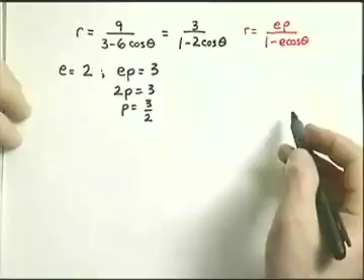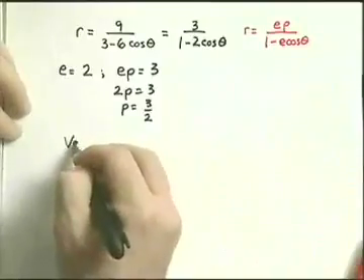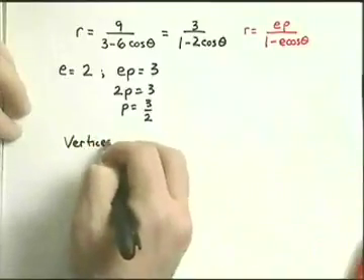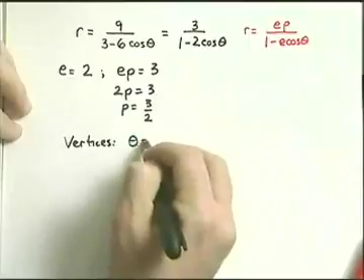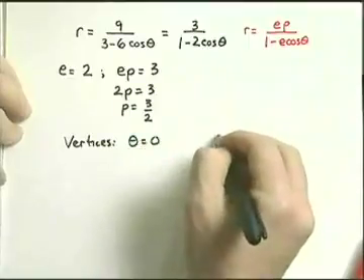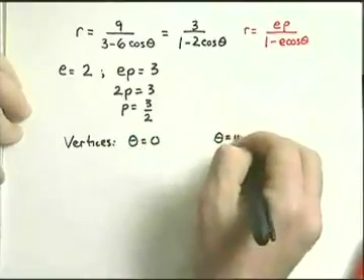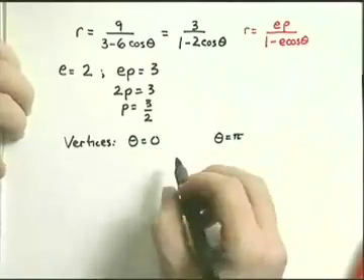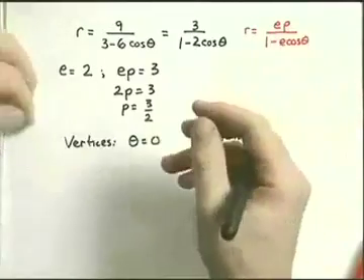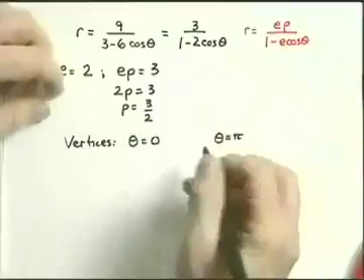That means that the branches of the hyperbola are going to open to the left and to the right in the Cartesian plane. To find the vertices, what I need to do is let theta equal 0 and let theta equal pi, because these are going to give me angles whose terminal side is on the polar axis.